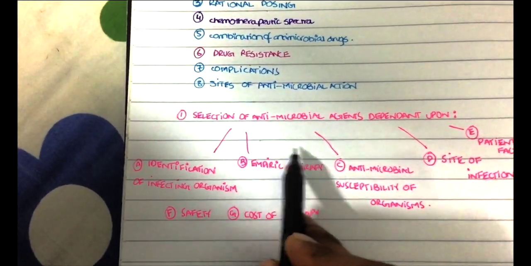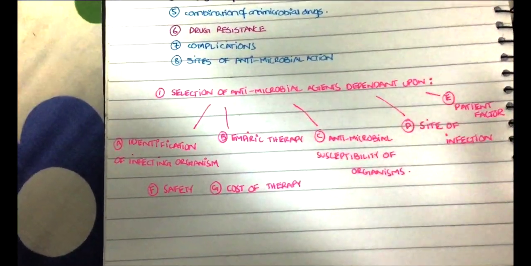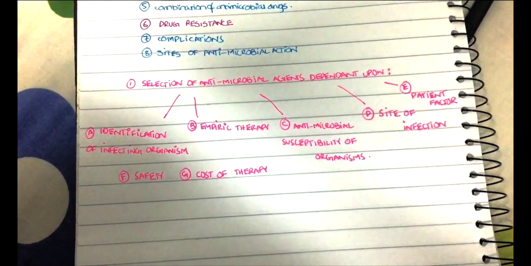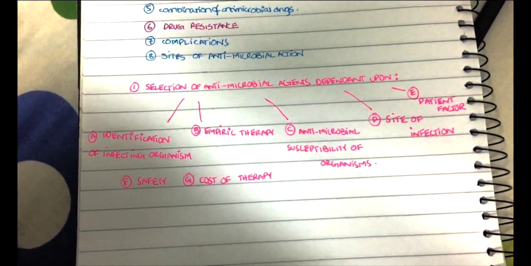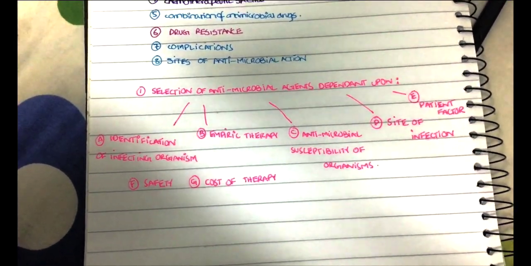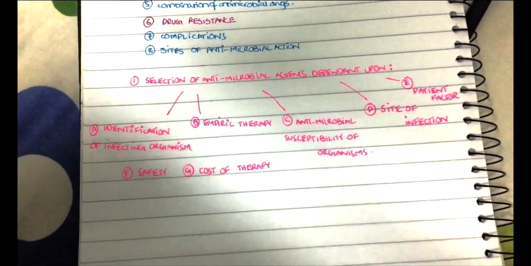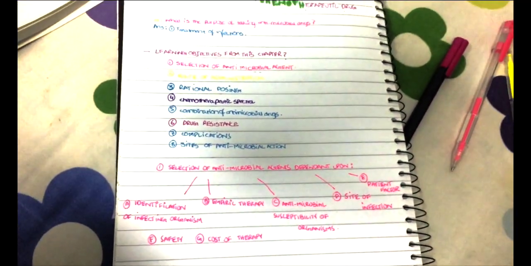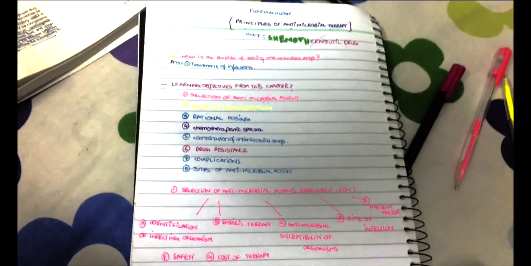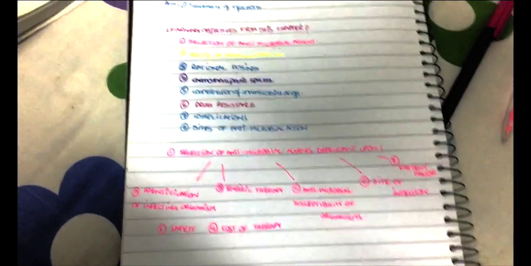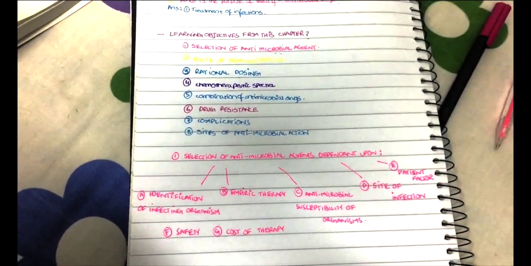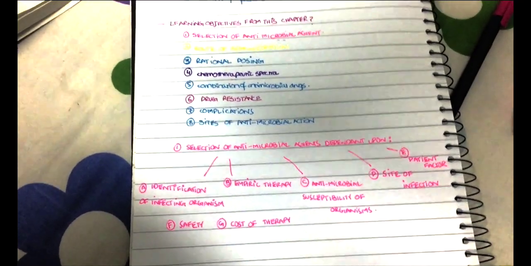Secondly, empiric therapy. Don't worry about what empiric therapy is. I'll explain empiric therapy in my next lecture, in my next video. First of all, you need to understand the basics of this chapter, or otherwise you'll get confused.